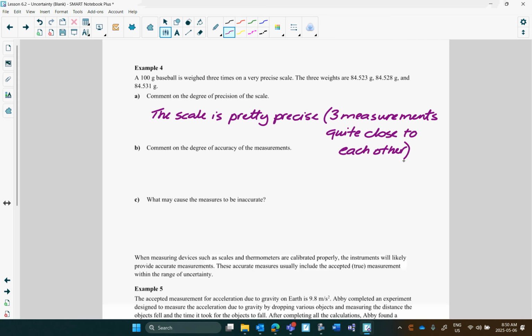What would you say about the accuracy? What's the true weight of the baseball? 100. What did we keep getting on whatever device we were using? 84 point something. Would you say that's accurate? No. Not very accurate.